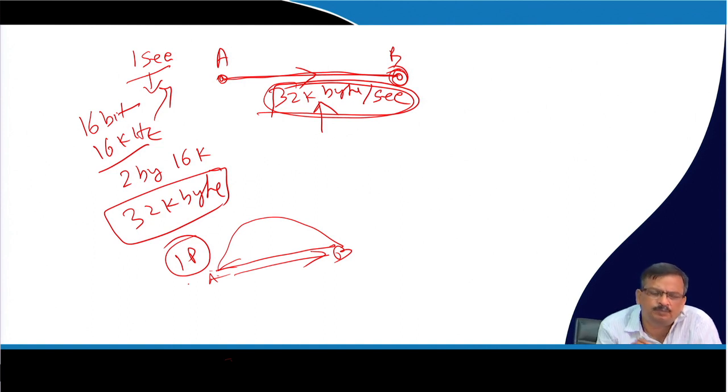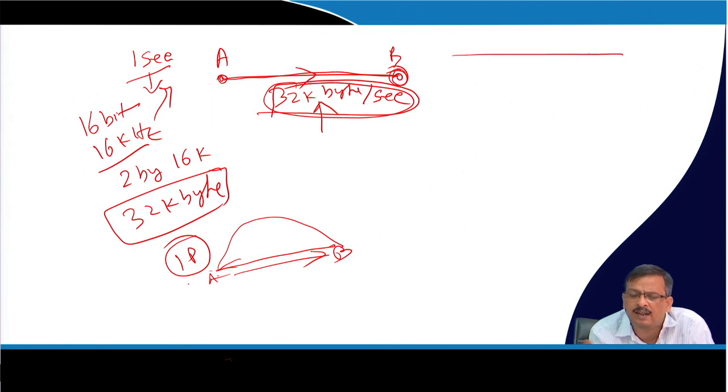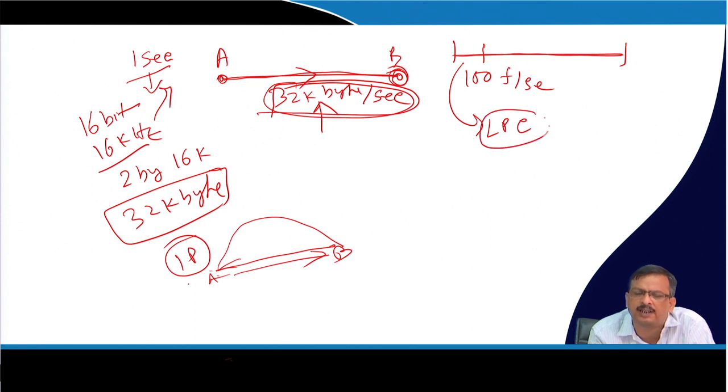Let us say in 1 second my frame rate is 100 frames per second. That means I am analyzing 100 frames in a second. For each frame I am computing LPC coefficients, let us say 20th order, so P is equal to 20.